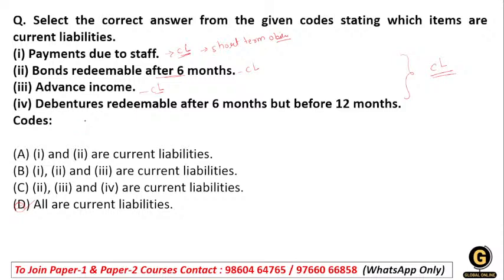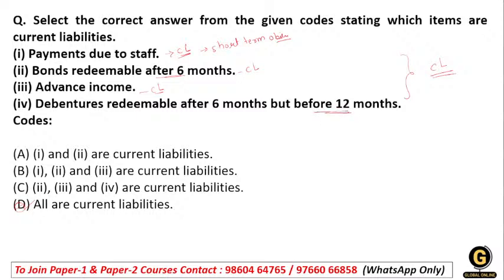Okay, then when we are talking about a debenture redeemable after 6 months but before 12 months, in that condition this is also a current liability, because they are due within 1 year, before 12 months.